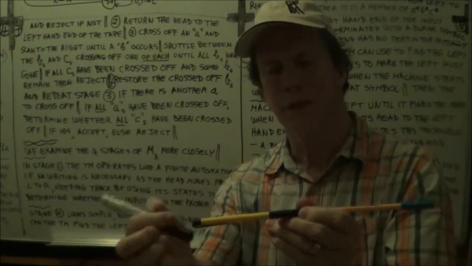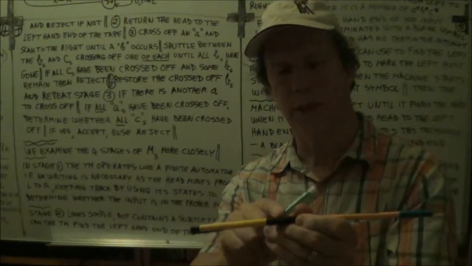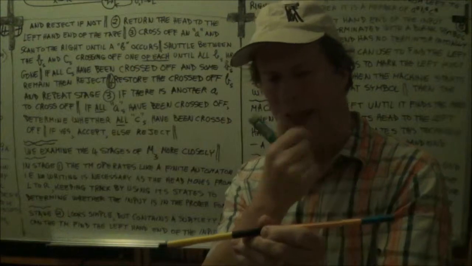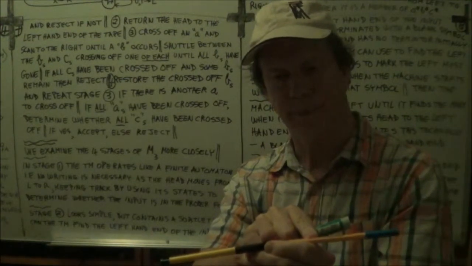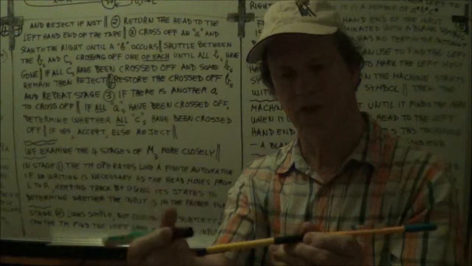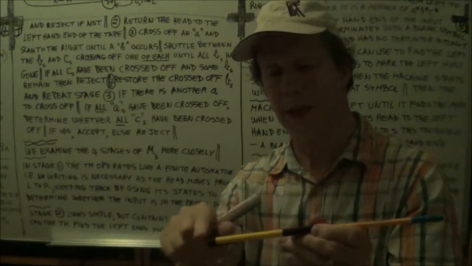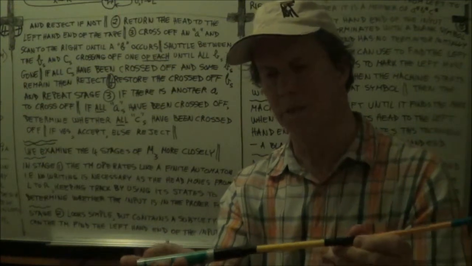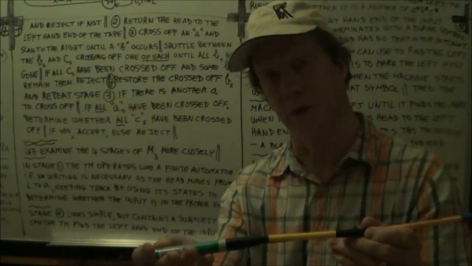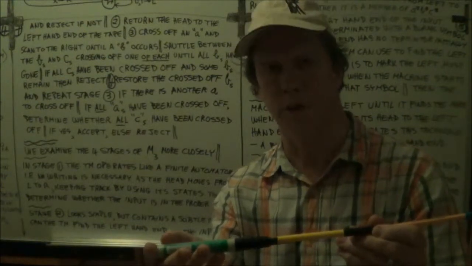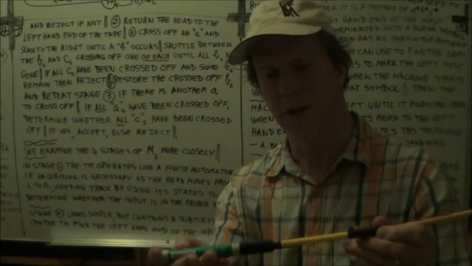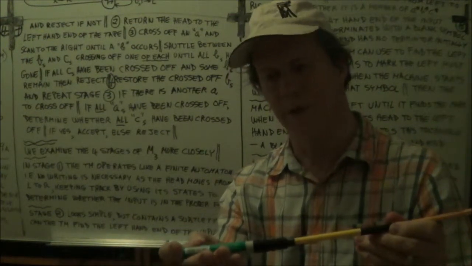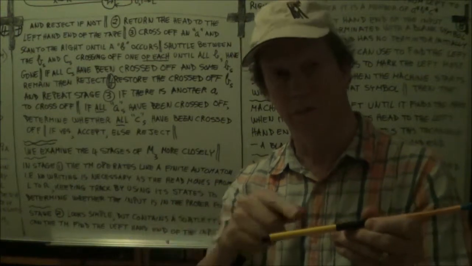So you've crossed off all your B's here, and you've crossed off as many C's here. Now I'm glossing over a few of the details, I'm just trying to give the big picture. Then you scan right back to your A's until you meet the first X you put; the first A got overwritten by X. Now you move to your second A, you cross it off, put an X there, and you're back in the same loop.